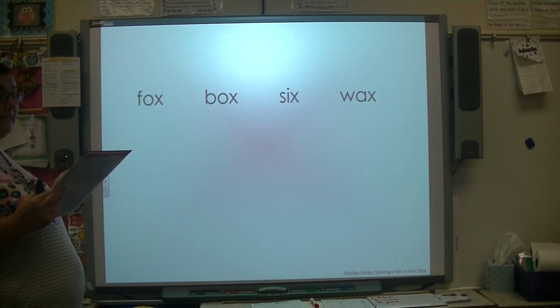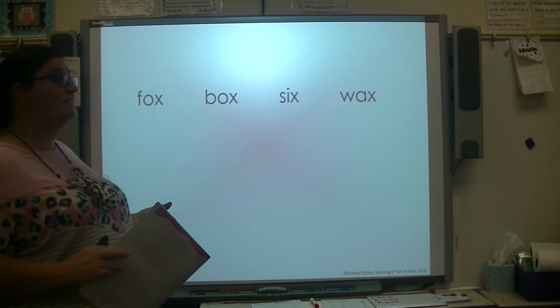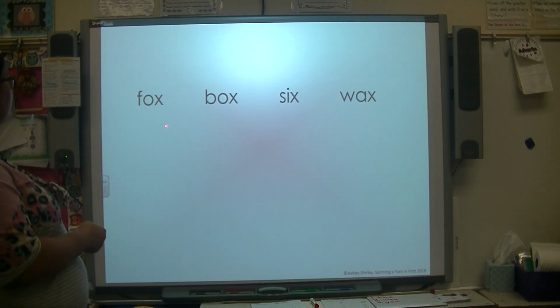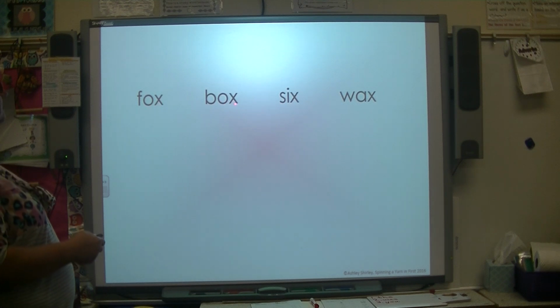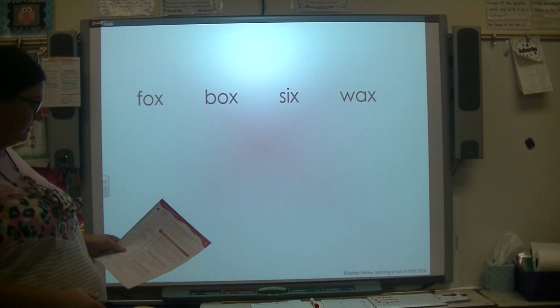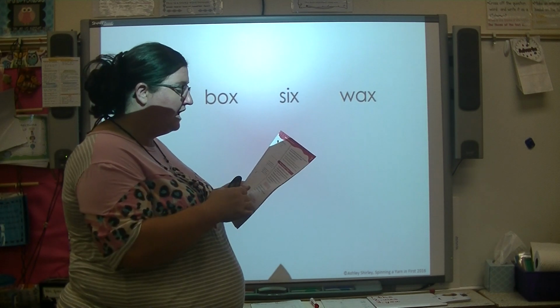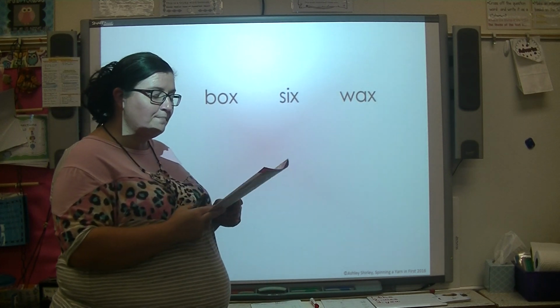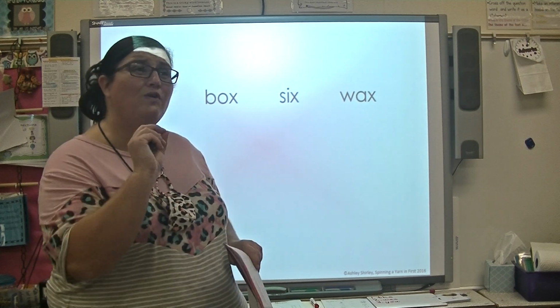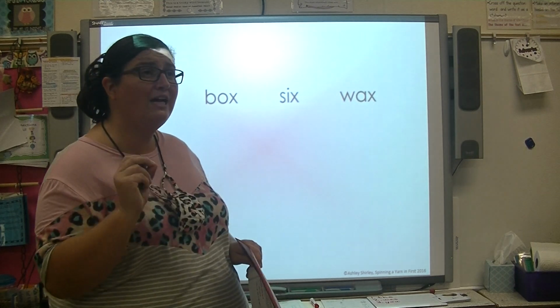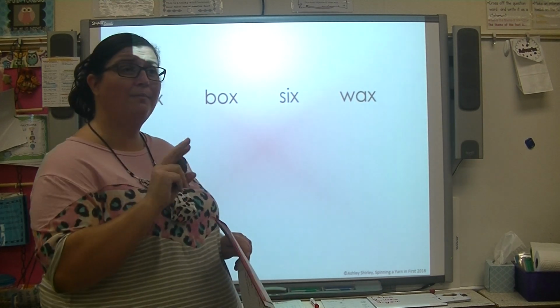All right, what letter makes the x sound? That's right. It is the X that's making the x sound. Fox, box, six, wax. Very good. The letter X is different from most letters because it actually makes 2 sounds. You hear the k sound and the s sound put together.